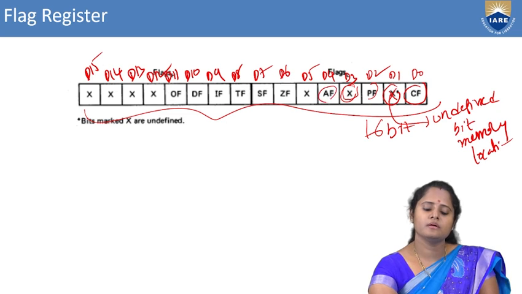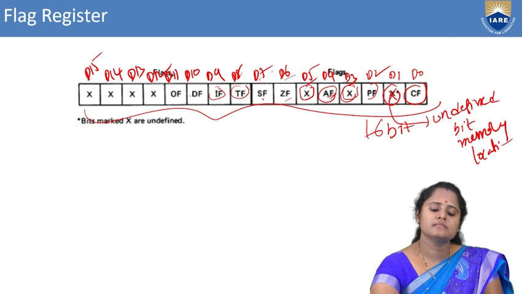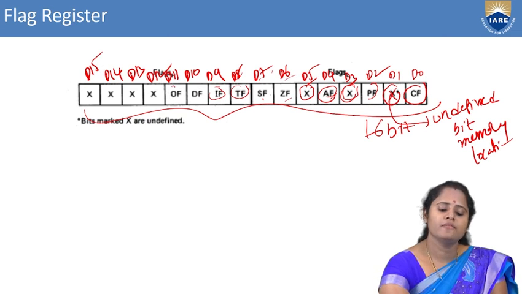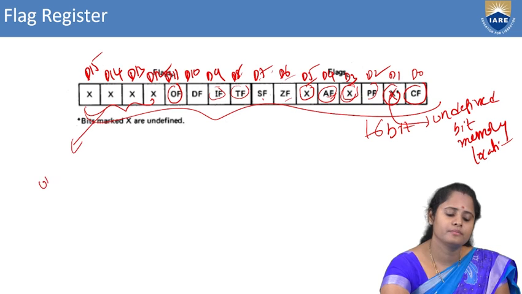D4 is the auxiliary flag, and D5 is a don't care condition, not defined. D6 is the zero flag, D7 is the sign flag, D8 is the trap flag, D9 is the interrupt flag, and D10 is the direction flag. D11 is the overflow flag, and the remaining 4 bits are undefined.